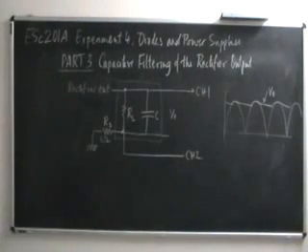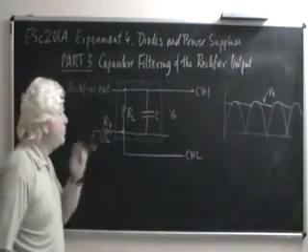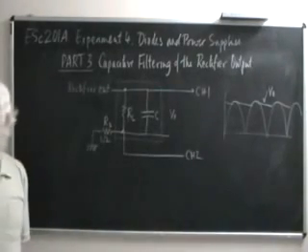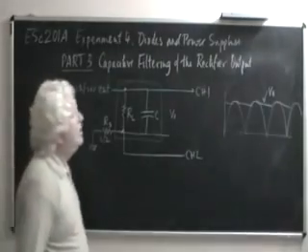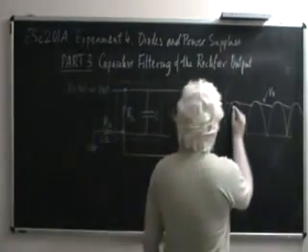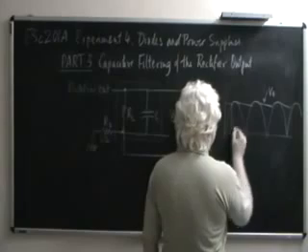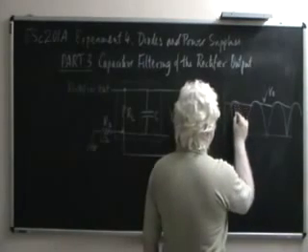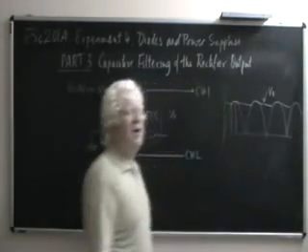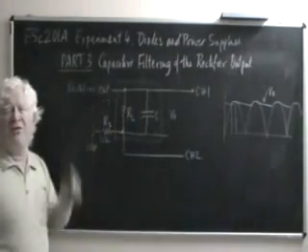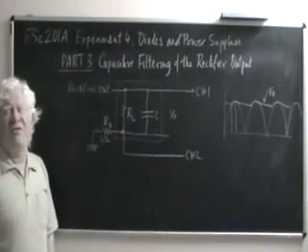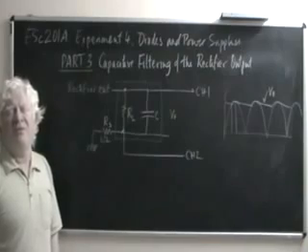Now, to understand when current will pass through RS, we have to look very carefully. It is only from this instant of time until this instant of time that the diode is forward biased. Rest of the time the diode is reverse biased.